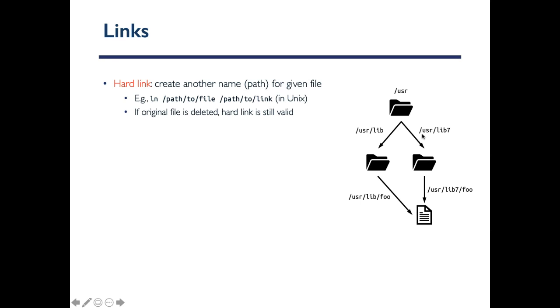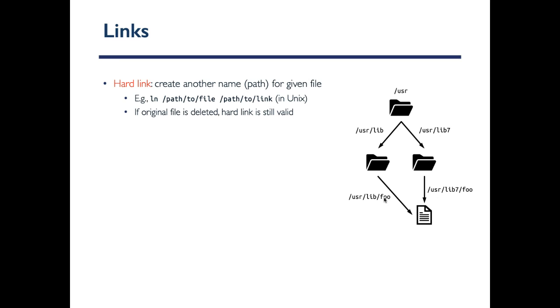So you had usr lib7 foo here. You can create this other path. You can say usr lib foo also points to this file. So you gave this file another name. It originally had the usr lib7 foo name, now it has another name, usr lib foo.